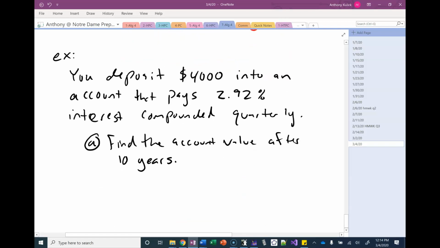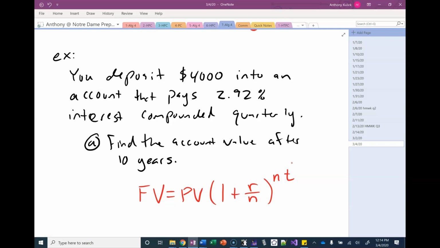So I'm going to start by creating a compound interest model for this. So this is my compound interest model that I gave you guys earlier today. What does FV represent? Future value, which is what we'd be looking for in this problem, right? We want the account value after 10 years.